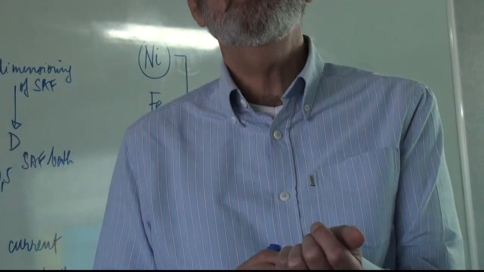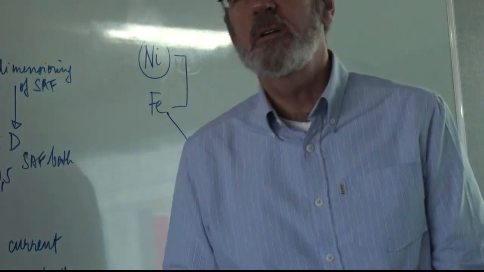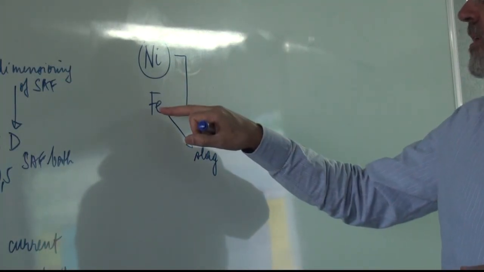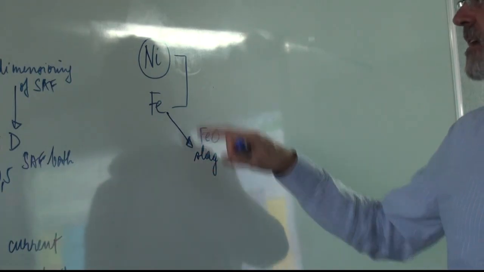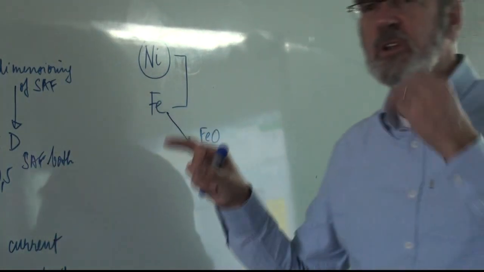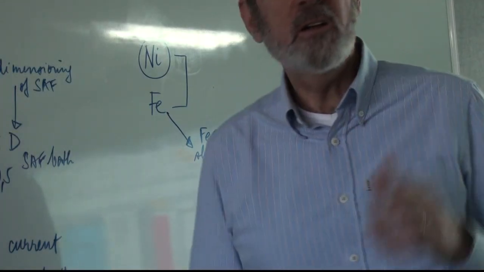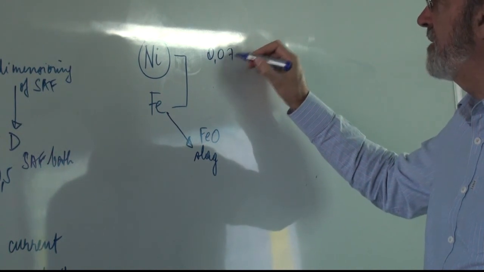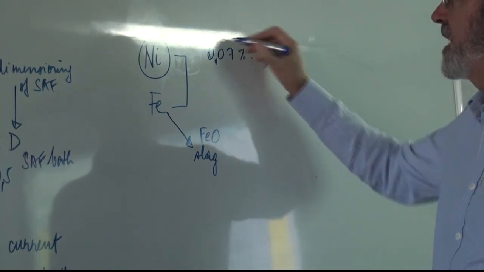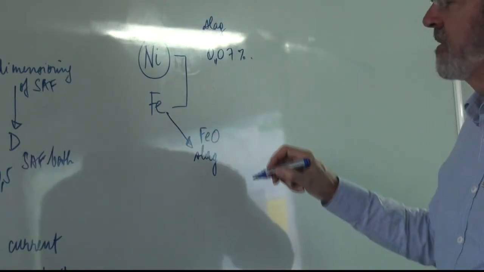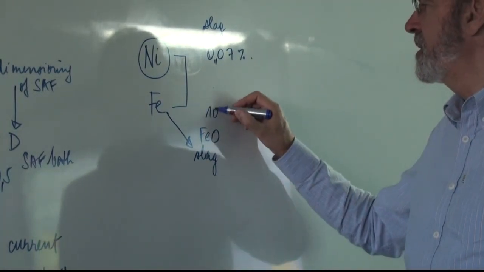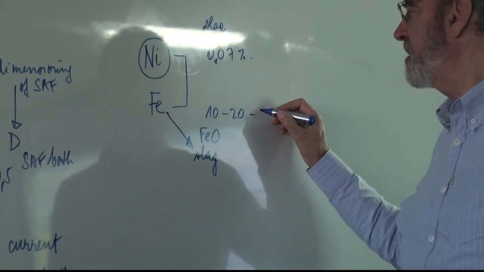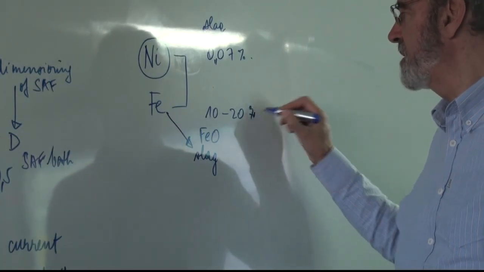Of course, nevertheless, when giving more iron to the slag, you will lose a little bit of nickel. You remember? Because nickel in the slag we want to be very low, 0.07 or so, while iron can be 10, 20. In one case, I have seen 30%, but 10 to 20% is normal.